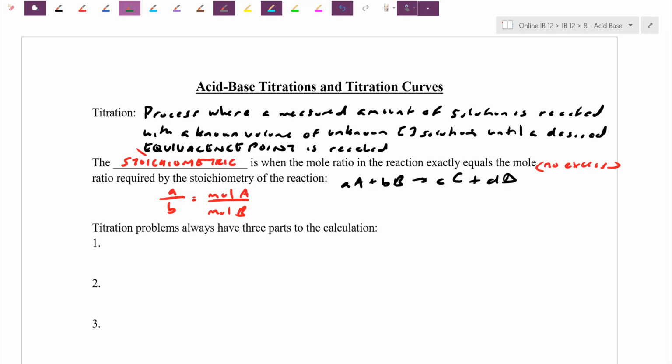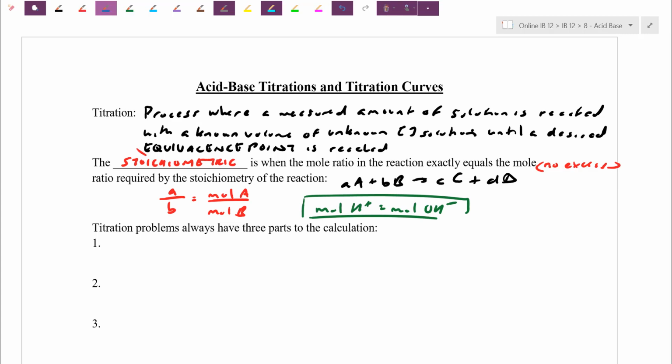An easier way of saying that: even though the acid may be a little more complicated, and the base may be a little more complicated, the equivalence point or stoichiometric point is essentially when the moles of H+ equals the moles of base. You're using one of these particles to count how much unknown of the other one we have.